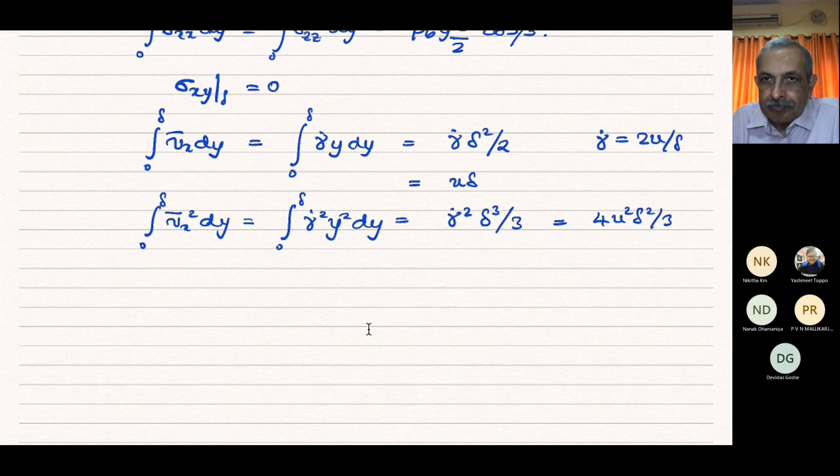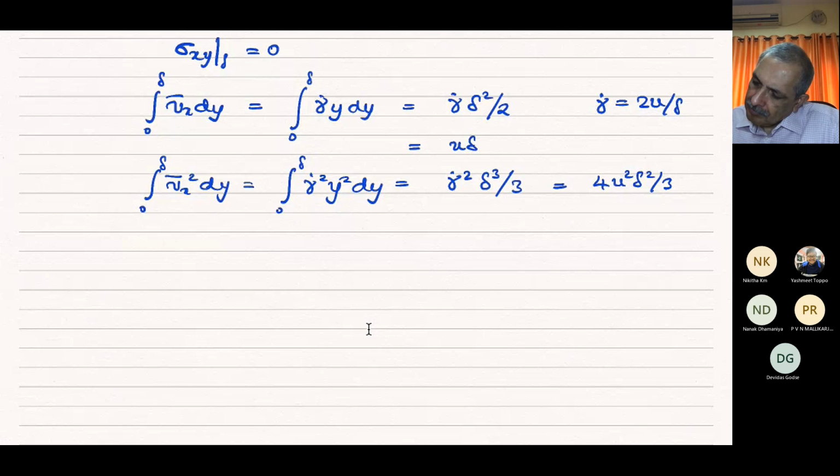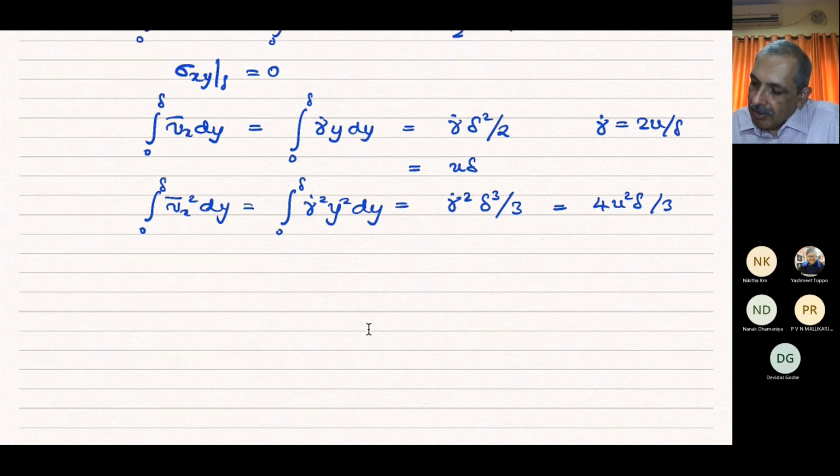Is this okay? I'm making some mistake. Yeah, sorry. Since I'm dividing by delta squared, this is just u squared into delta divided by 3. Okay, so this is all correct.